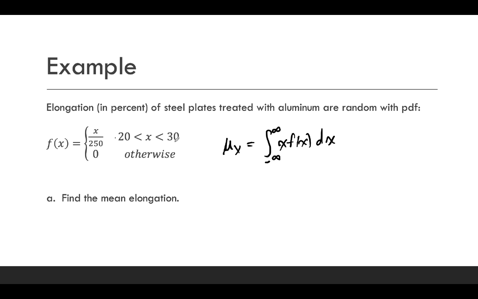Okay, so when the bounds of when your function takes on non-negative values is not negative infinity to infinity, we can just substitute those bounds in here, 20 to 30 of x. And now instead of putting f of x, I'm going to put what f of x equals when it's between 20 and 30, and that is x over 250 dx.